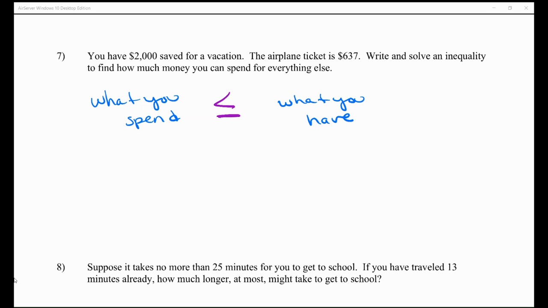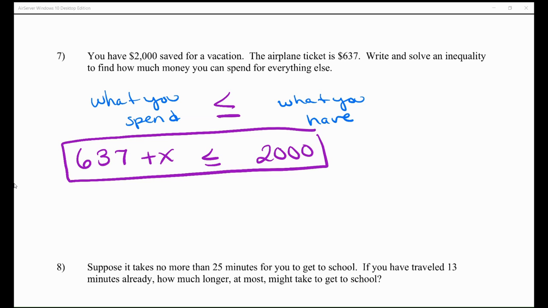So what you spend, well, we've already spent $637. We want to find out how much more we can spend, so we'll add x. And this is less than or equal to 2,000. So there's our inequality that models the situation.